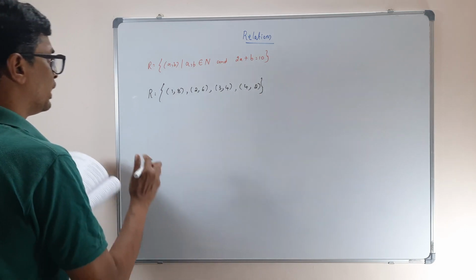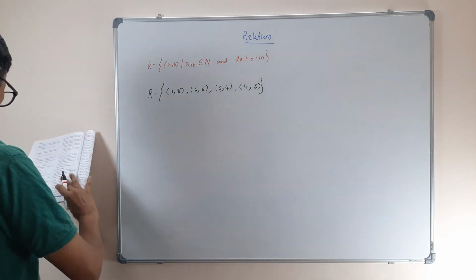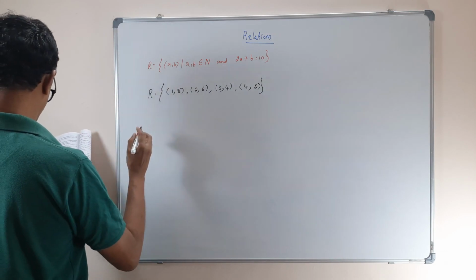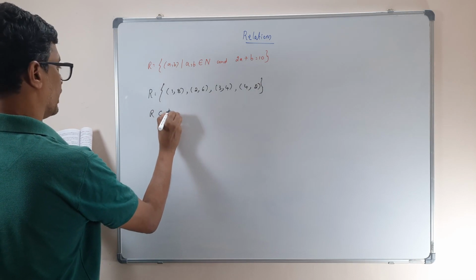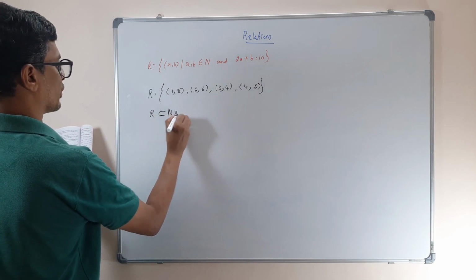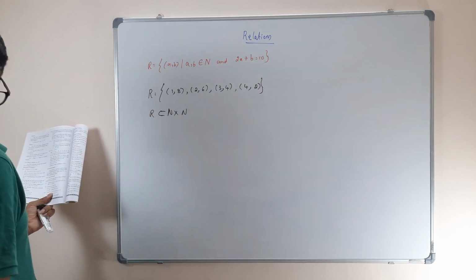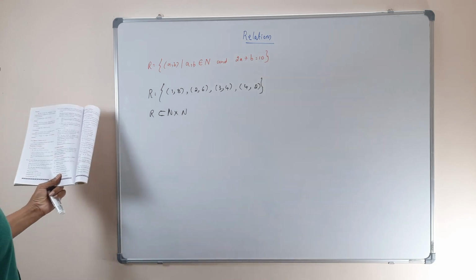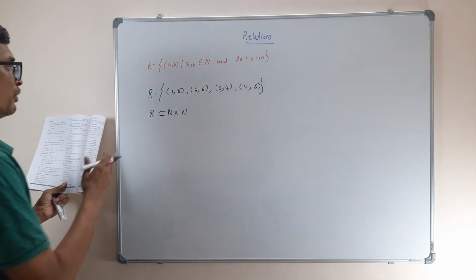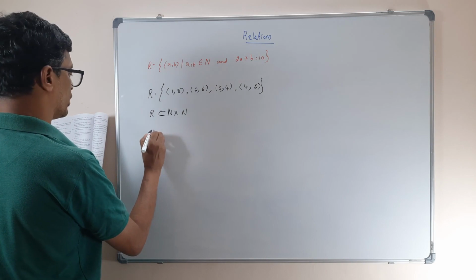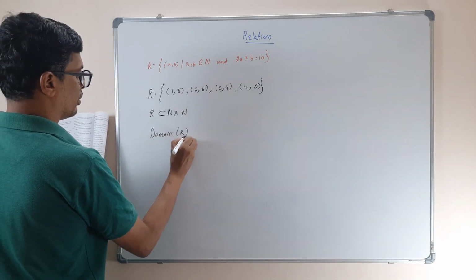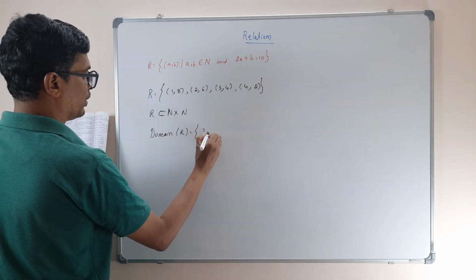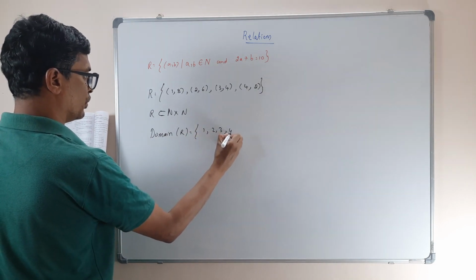Now, can you tell me if R is a binary relation? Of course, R is a subset of N cross N, for binary. Now can you tell me what the domain of R is? 1, 2, 3, 4.